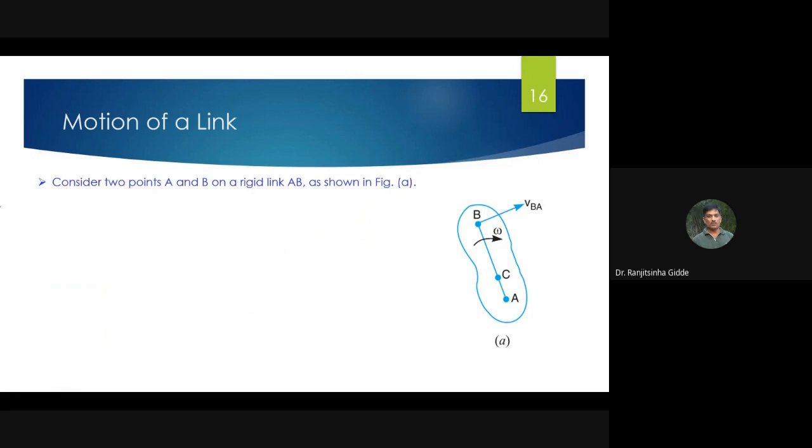So 2 points, namely A and B, on this rigid link at each end.